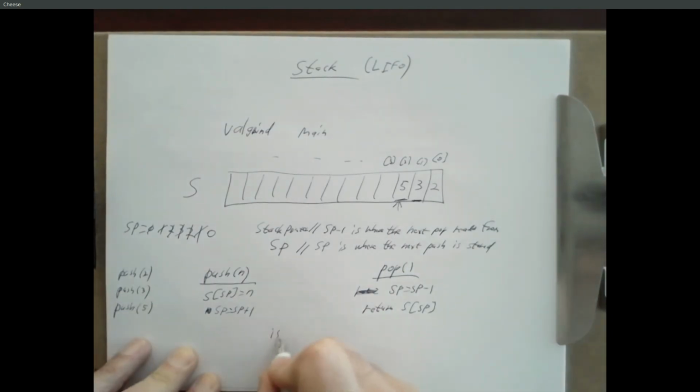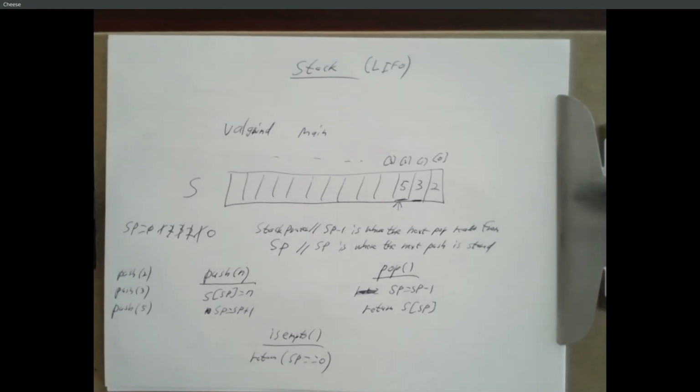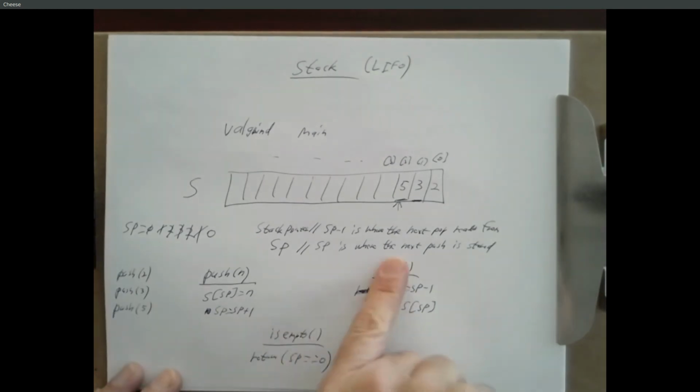SP equals 0. So if the stack pointer is 0, the stack's empty. And if the stack is empty, then 0 is where the next push will be stored.